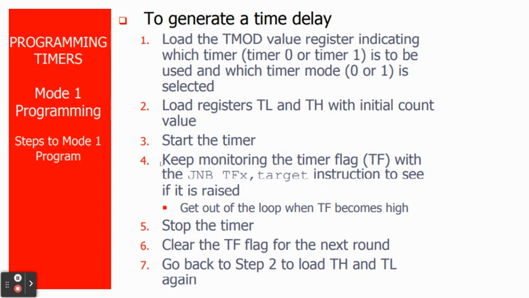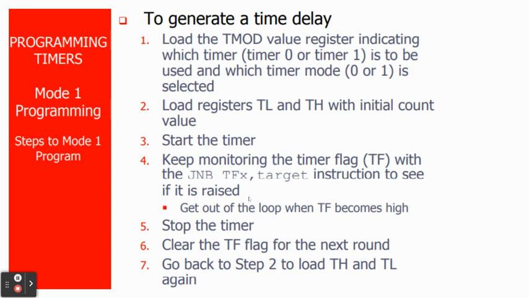Now, on number 4, we will keep monitoring the timer flag with the JNB TFx, target instruction so that we will know whether the timer flag is already done. This TFx means timer flag 0 or timer flag 1, so this is TF0 or TF1.